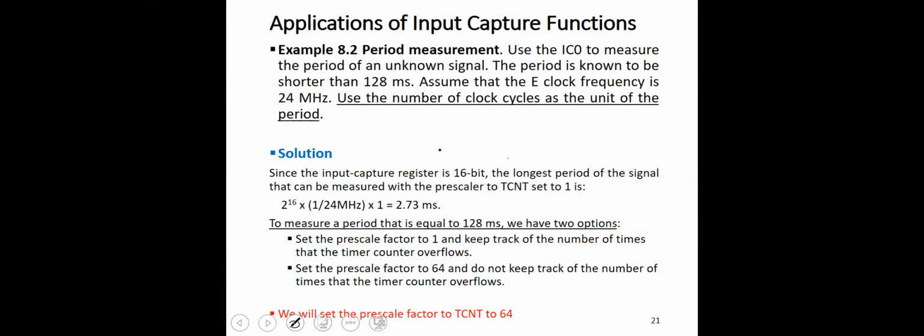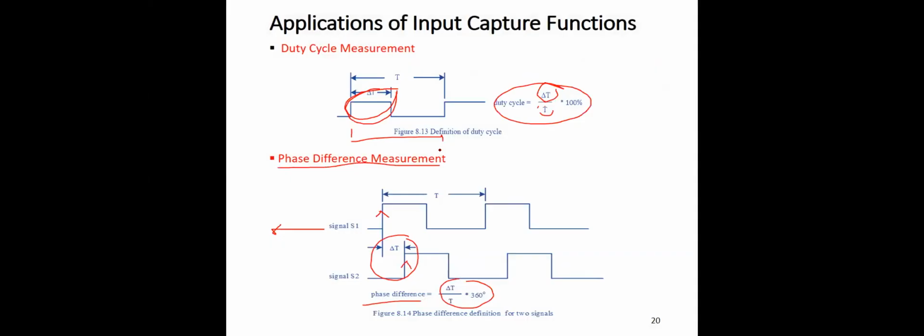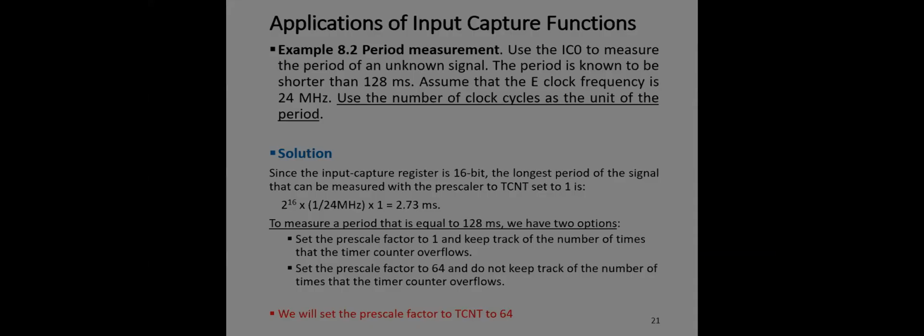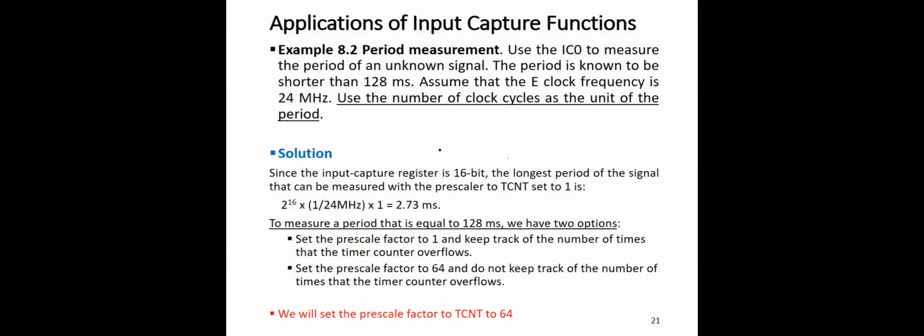Okay, so let's look at an example which is about period measurement. We want to use input capture channel 0 to measure the period of some unknown signal. All we know about this signal is that the period is shorter than 128 milliseconds.